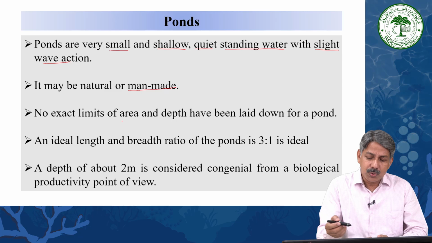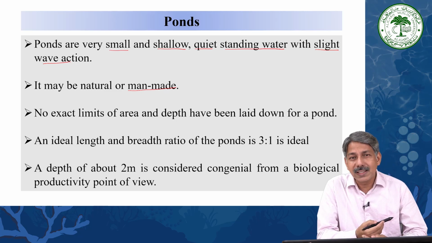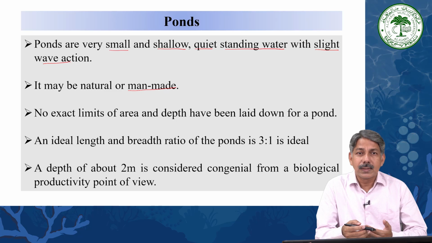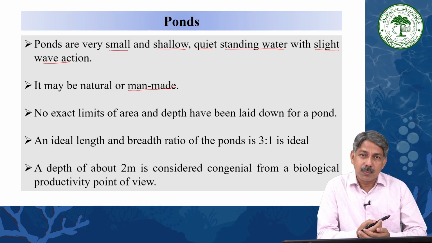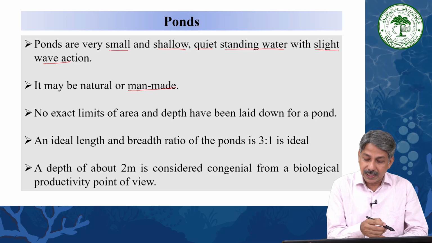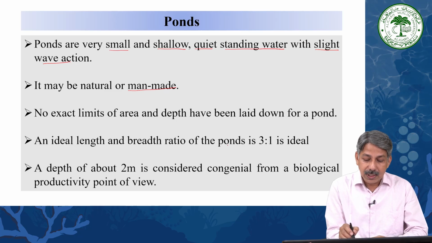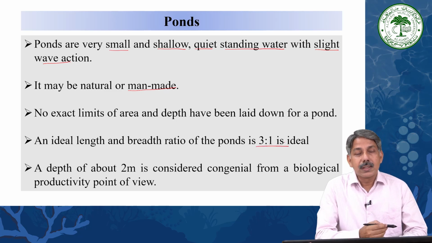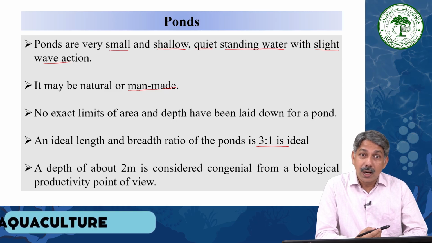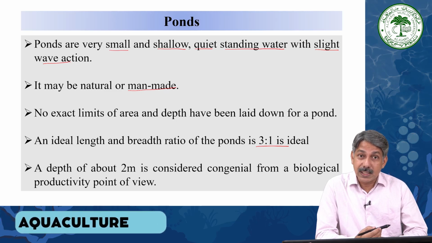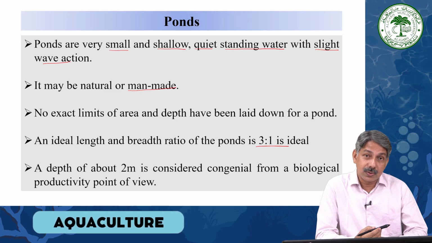So usually we go for not less than 300 or 400 square meters, and then we can go for larger ponds also if we are going to do fish culture on a large scale. The ideal length to breadth ratio of a pond is about 3:1. In fact, again I should say that it all depends on how much flexibility you have in utilizing the land resources.